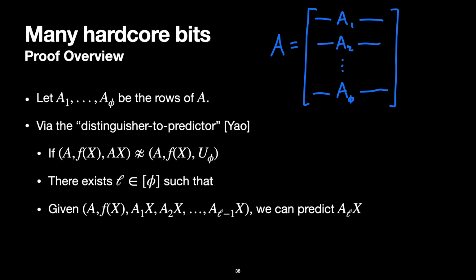So let A1 through A_phi be the rows of A. Via a distinguisher to predictor style argument, if that tuple A, f of x, Ax is computationally distinguishable from A, f of x, U of x, then there exists some index L so that given the first L minus 1 pieces of that tuple, A, f of x, and then A1x through A_(L-1)x, we can predict the next one, ALx.